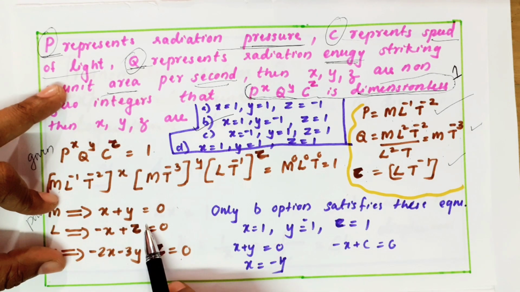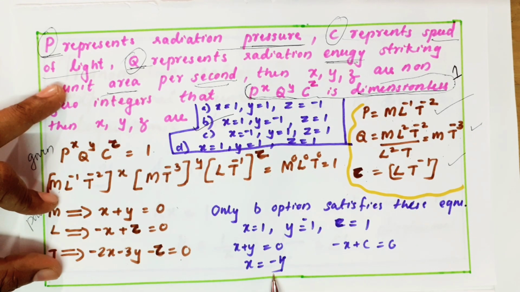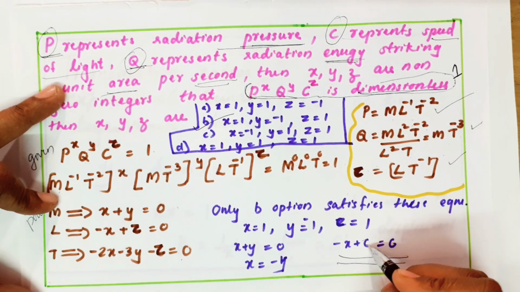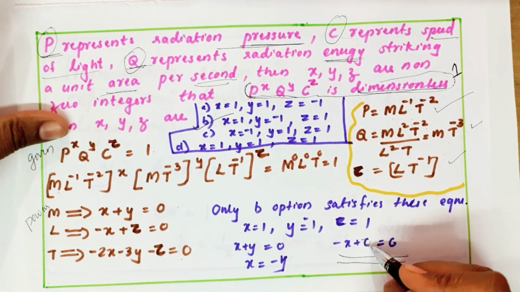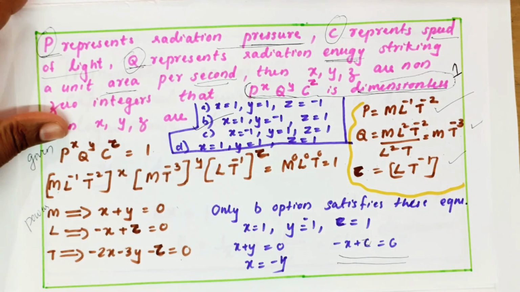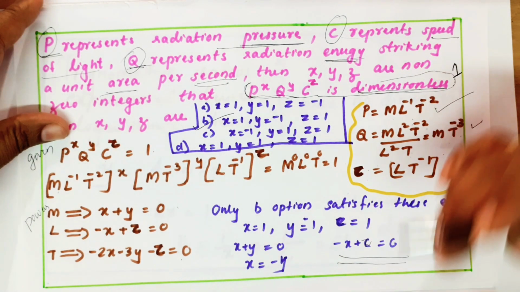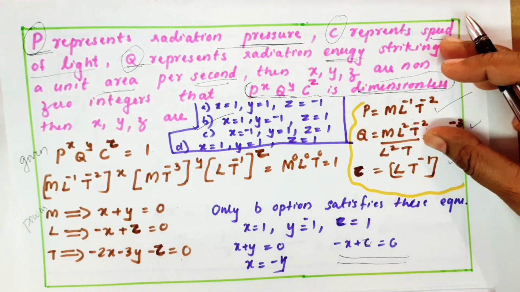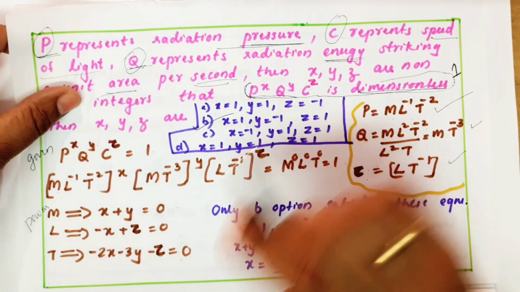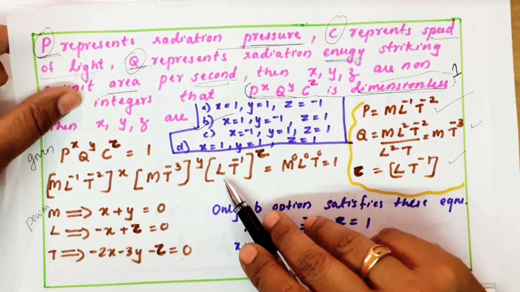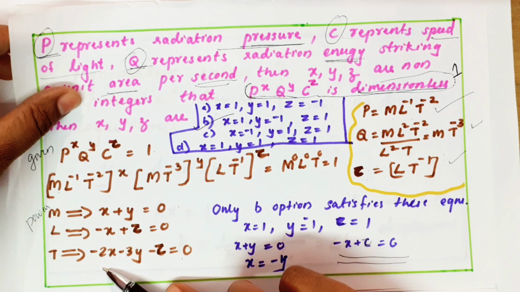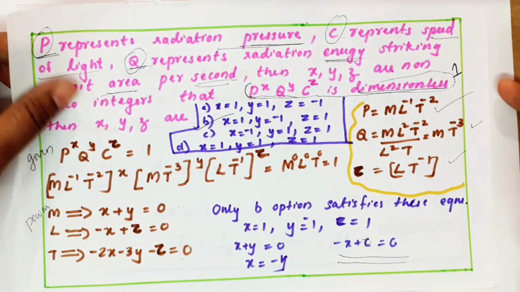So from this I got 2 things: x should be equal to minus y and x and z are same. From this I understood that the second option is correct. So just we'll go through that again. What we did, we found the dimension of all the quantities, then what they are given we have written, we wrote the dimensions, then we wrote the equation by equating the powers of M, L and T, then solve it.